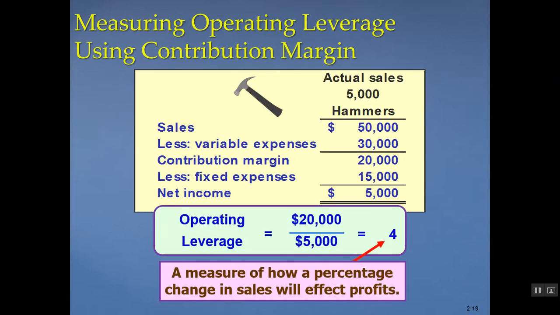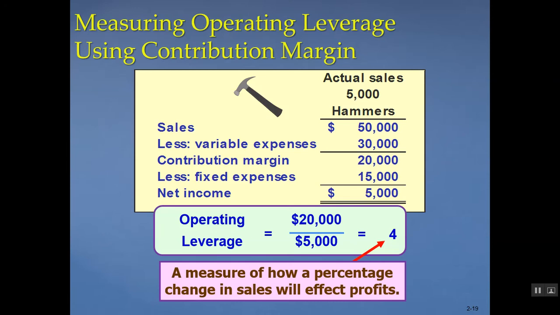So here we have sales of 50,000, variable expenses of 30, contribution margin of 20, minus fixed expenses of 15, net income of 5. So our contribution margin is $20,000. We divide it by our net income of $5,000, which gives us a magnitude of operating leverage of 4.